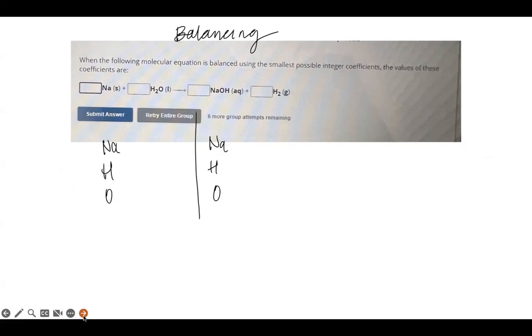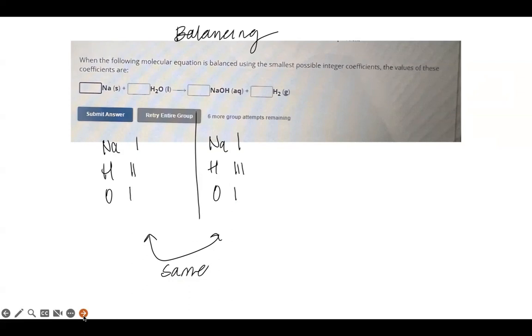Right now, with implied coefficients of 1, I have 1 sodium, 2 hydrogens, and 1 oxygen on the left. On the right, I have 1 sodium, 3 hydrogens, and 1 oxygen. I need to make these the same by manipulating the coefficients.